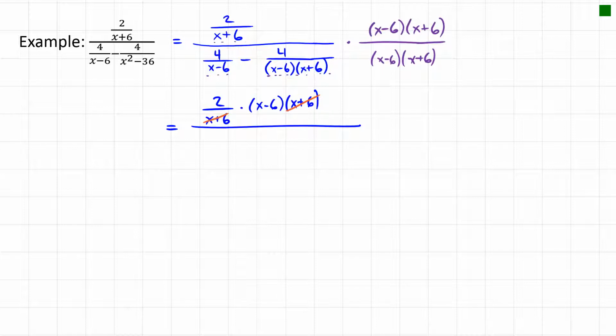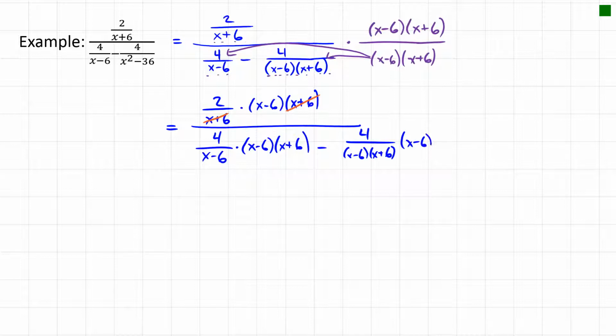In the denominator, it's really important here to follow the process, which is that you have to multiply this x minus 6 times x plus 6 into each term in the denominator. So I have 4 over x minus 6 times x minus 6 times x plus 6, and then also 4 over x minus 6 times x plus 6 times x minus 6 times x plus 6.